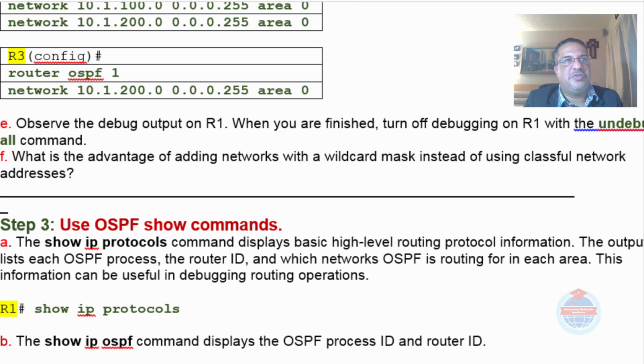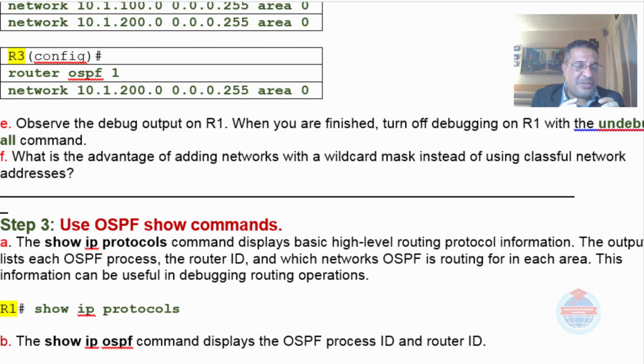So the next question is, what is the advantage of adding a network with a wildcard mask instead of using a classful network address? Well, I would say that sometimes a router can be working inside of a major network.